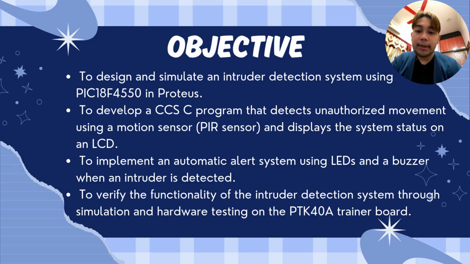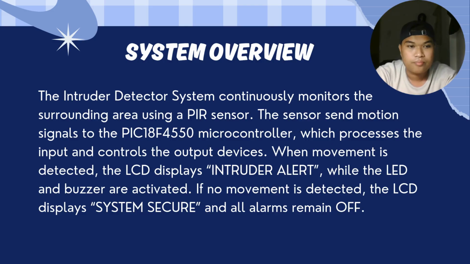Next, to implement an automatic alert system using an LED and buzzer when an intruder is detected. And the last one, to verify the functionality of the intruder detector system through simulation and hardware testing on a PTK48 training board.